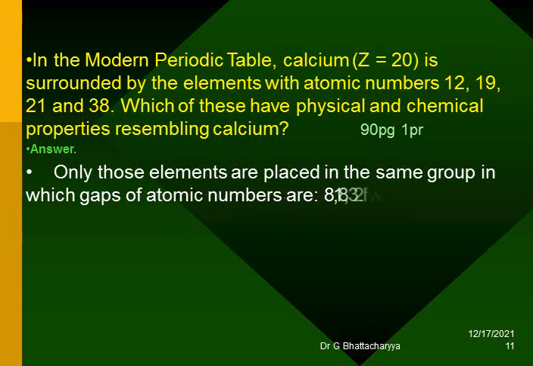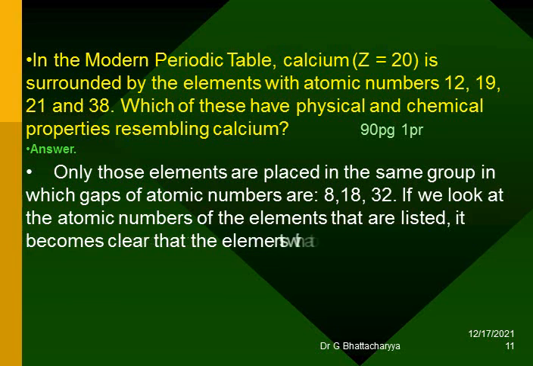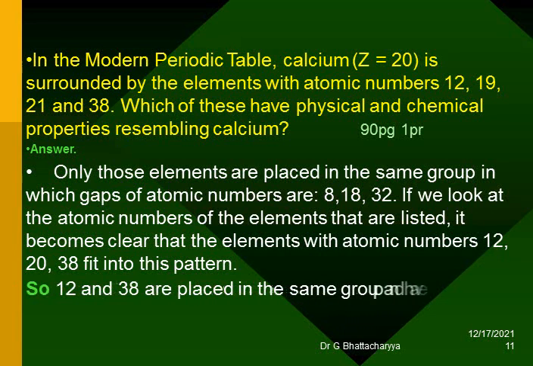If we look at the atomic numbers of the elements that are listed, it becomes clear that the elements with atomic numbers 12, 20, 38 fit into this. So 12 and 38 are placed in the same group and have similar physical and chemical properties.